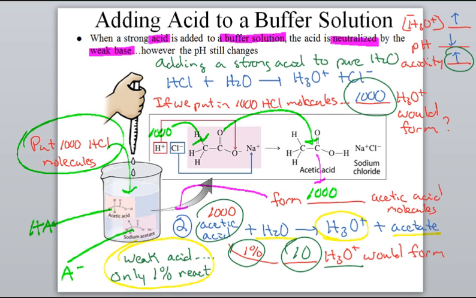However, if you put that strong acid into an acetate acetic acid buffer solution, only 1% of the acid molecules that are put in form the hydronium ion. So a question could be, just like this one, if I put in this many HCl molecules in an acetic acid buffered solution, how many hydronium ions would form? It's 1%.